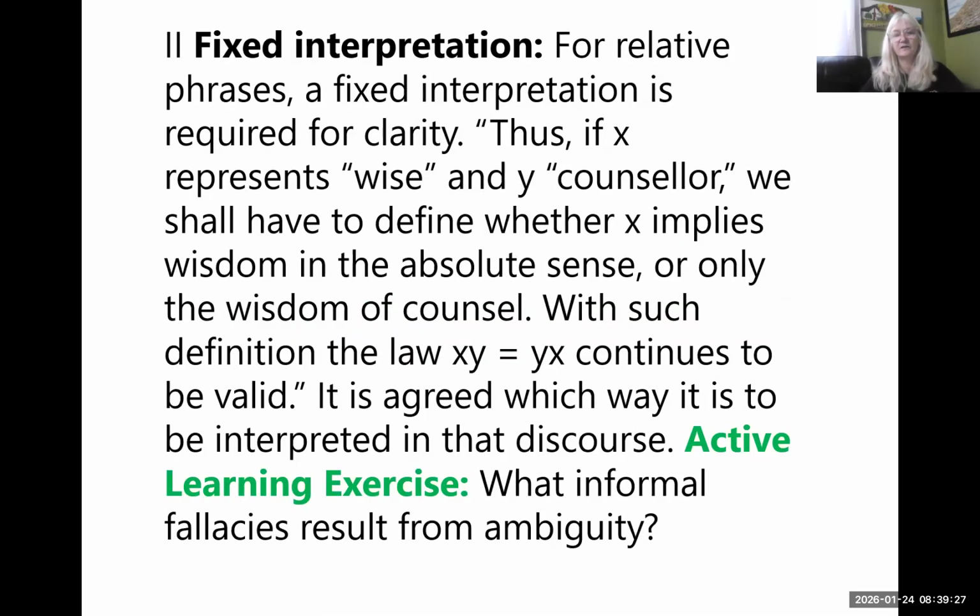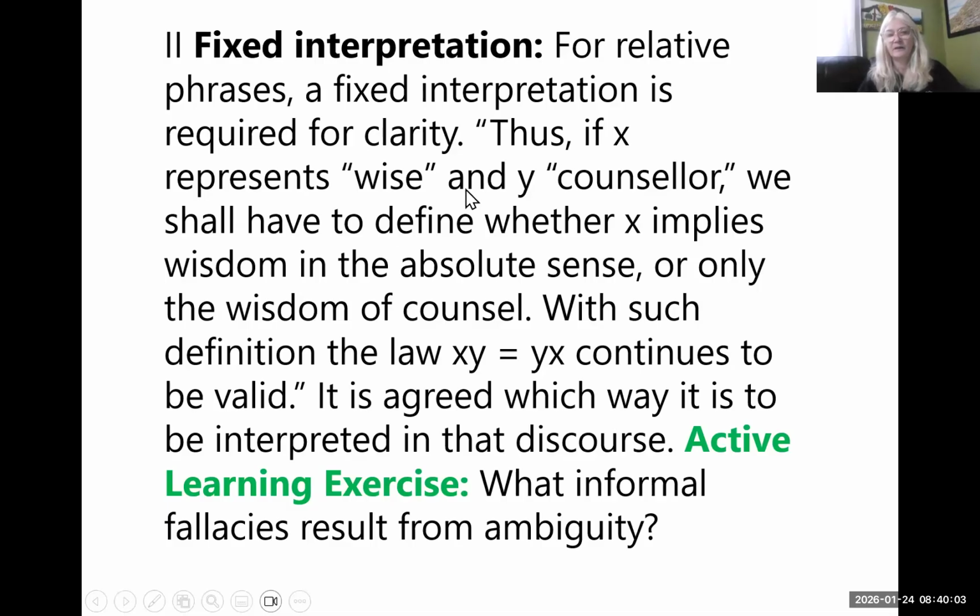Okay, now we're going to focus on fixed interpretation. For relative phrases, a fixed interpretation is required for clarity. We've talked a lot about ambiguity and problems with ambiguity. A fixed interpretation is required for clarity when phrases are ambiguous. So if you and I are in a rational discussion, and you say something I don't understand, it's my job to ask you what you mean by that, and not to just assume that it's being interpreted one way versus another possible way, especially if they're equally possible ways.